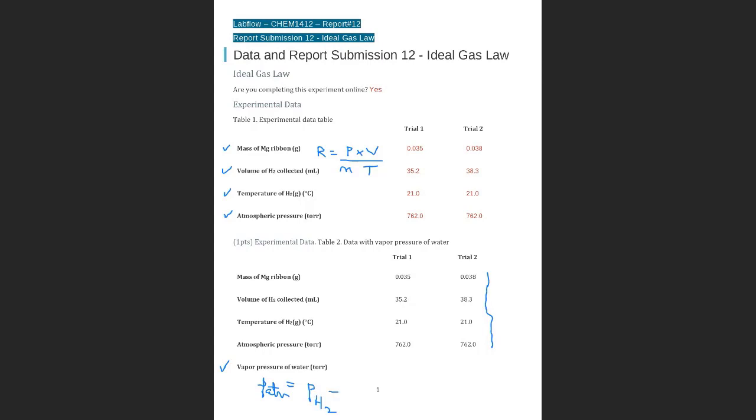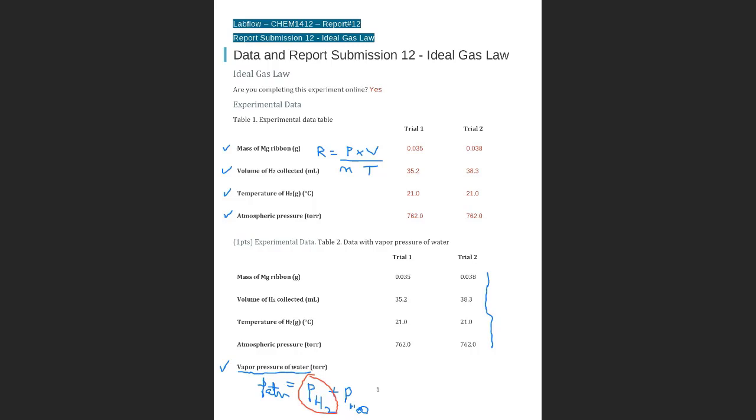The pressure of the hydrogen plus the vapor pressure of the water. So they are asking for the vapor pressure of the water because when we need to calculate the pressure of the hydrogen, it is going to be the atmospheric pressure minus the vapor pressure of the water. So we need to look up the vapor pressure of the water.